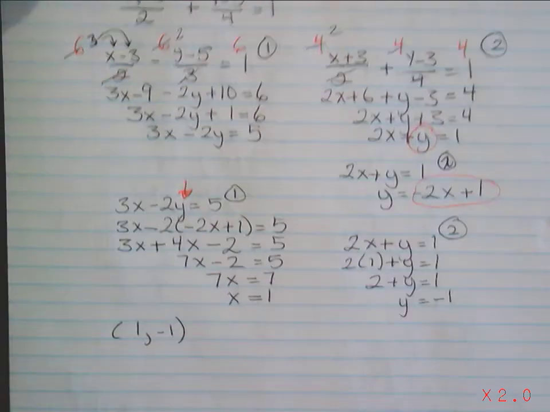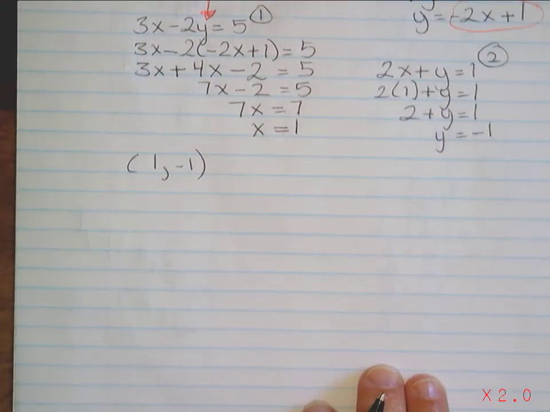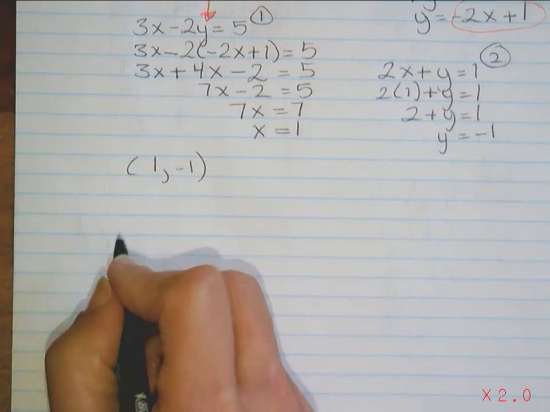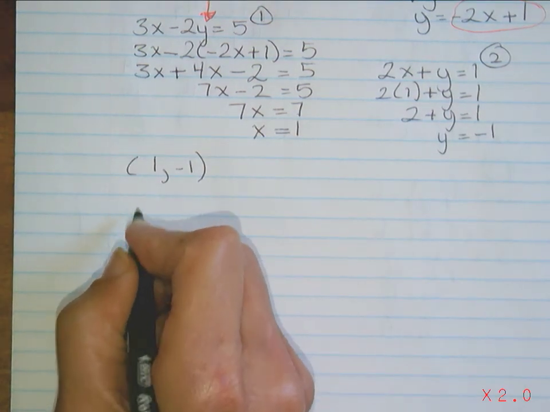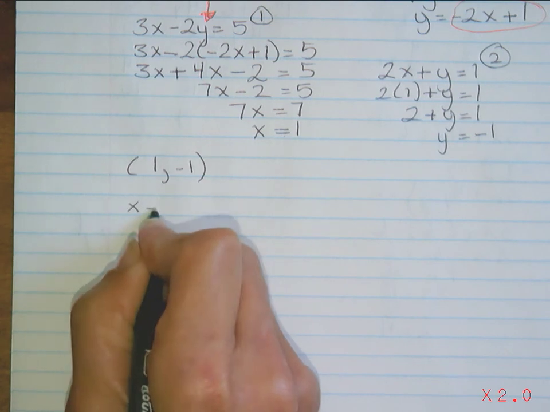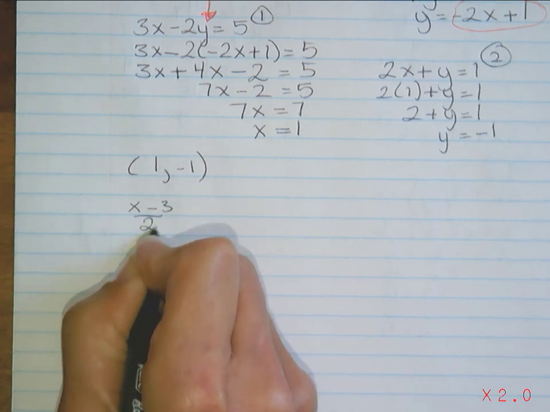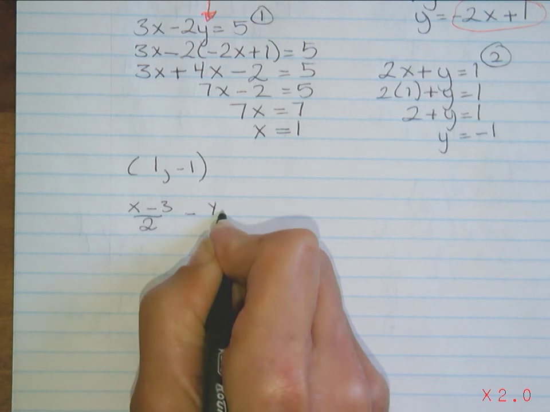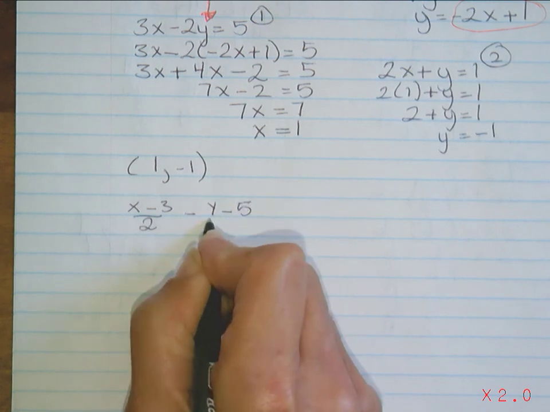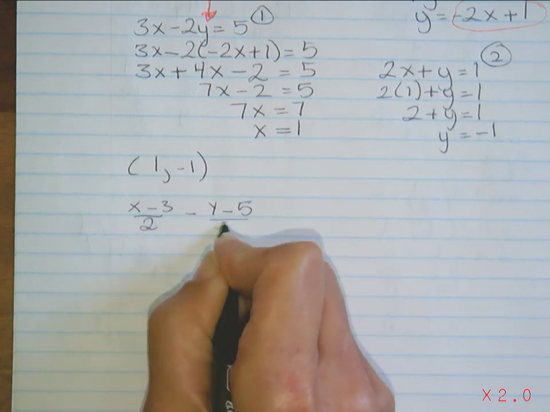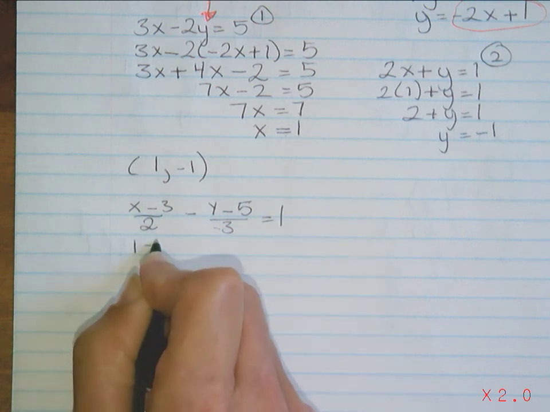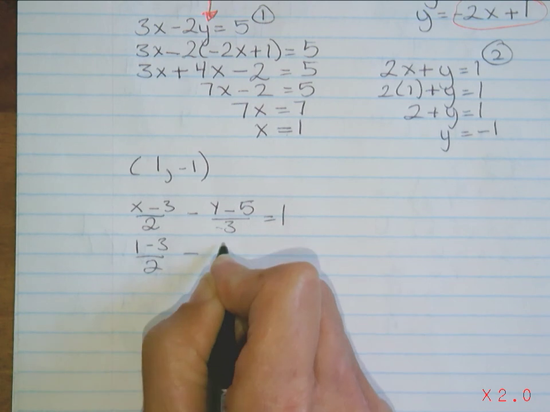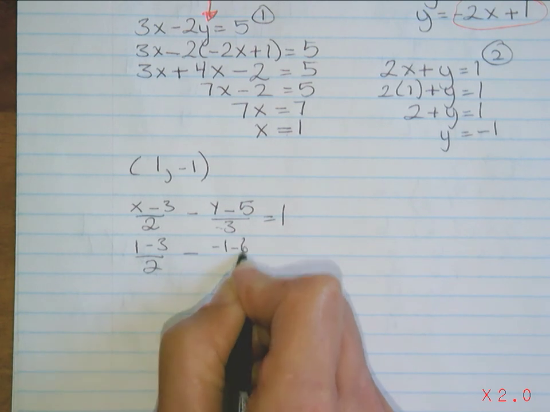Now for the check. This is not as easy. You go back to your original equations, which happen to be x minus 3 over 2 minus y minus 5 over 3 equals 1. X is 1. Y is negative 1.